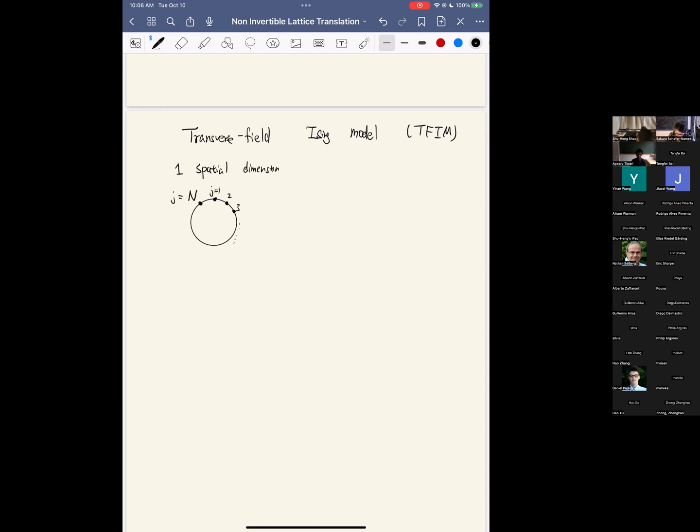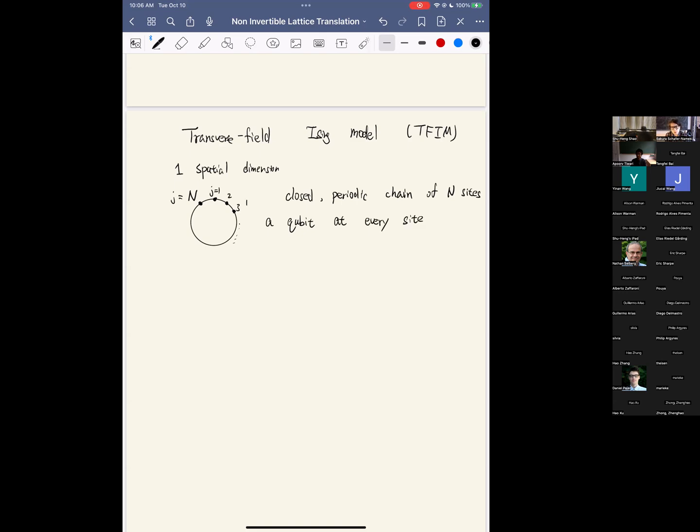I'm going to start with the periodic boundary condition. I won't say too much about the anti-periodic one. It's discussed in our paper, but let's start with the simplest boundary condition. So I'm on a closed periodic chain of n sites. There's a qubit at every site.